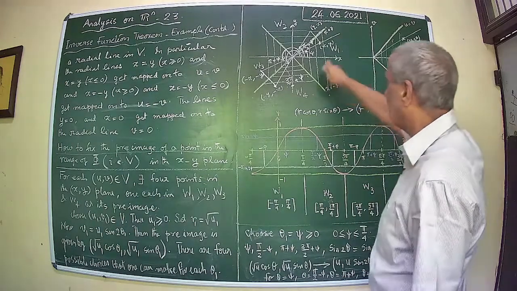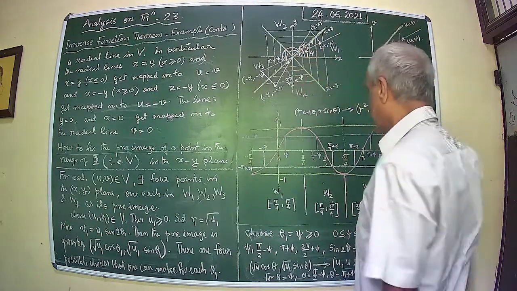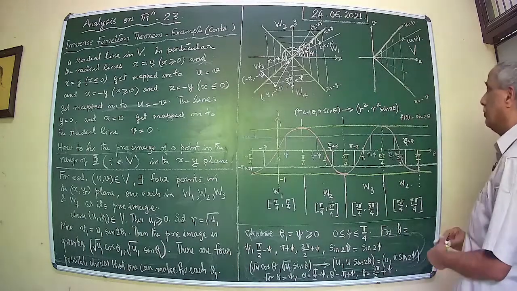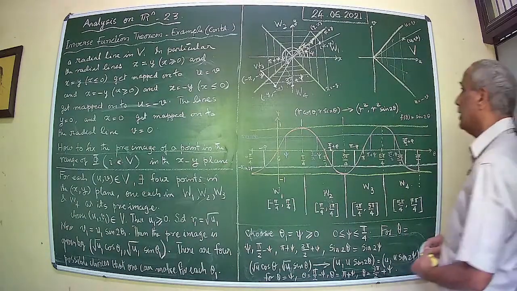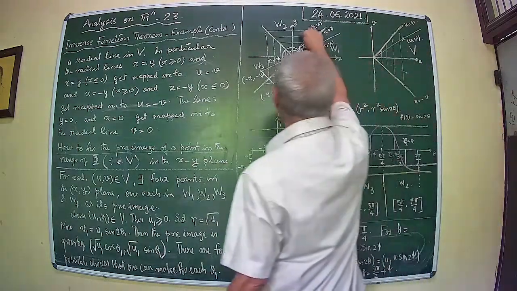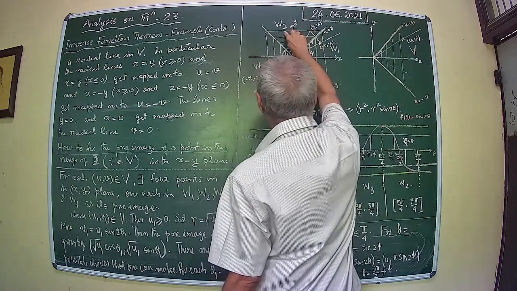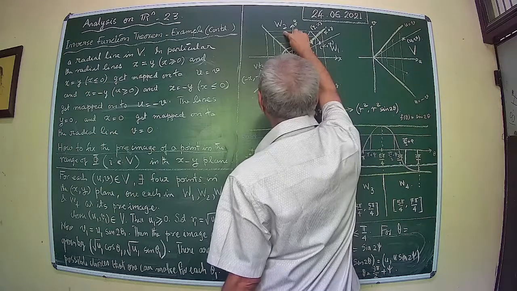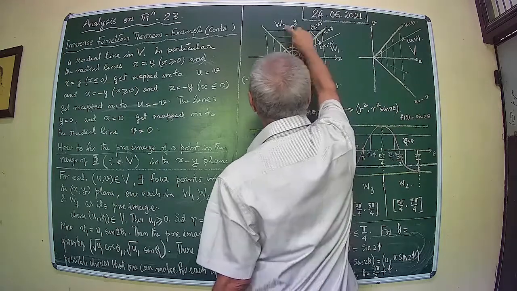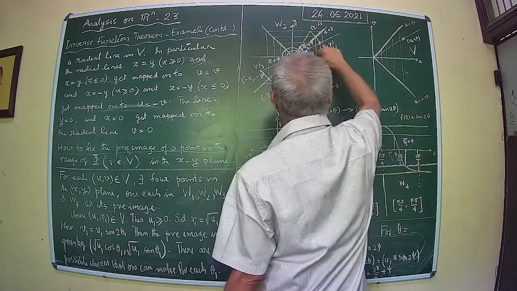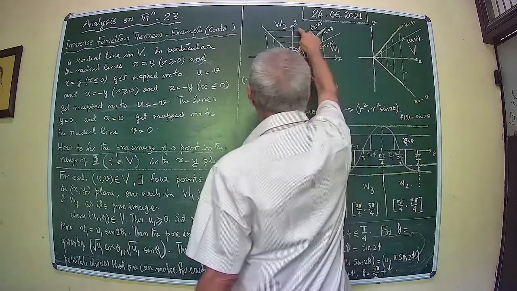So you can mark those points in this figure. So you will get 4 points now. Those 4 points will be something here and then something here, and then something here.